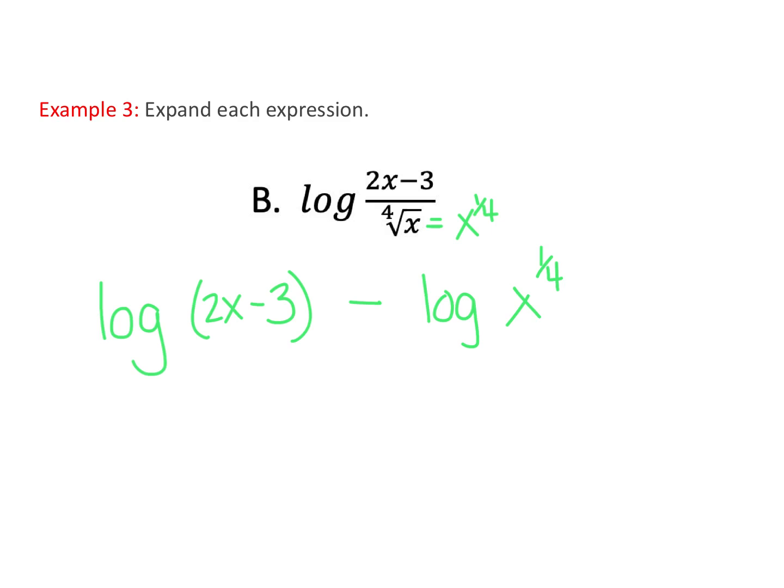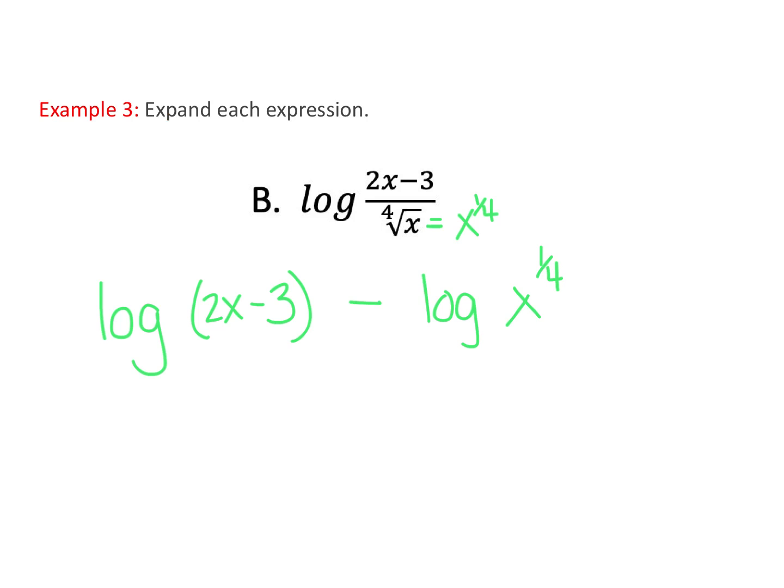Okay, now this first one, I can't split this up anymore because I have a binomial here. I have both a product and a difference that I'm taking the log of. This one, I have a log of an exponent raised to another power. So think about power to a power. We multiply.